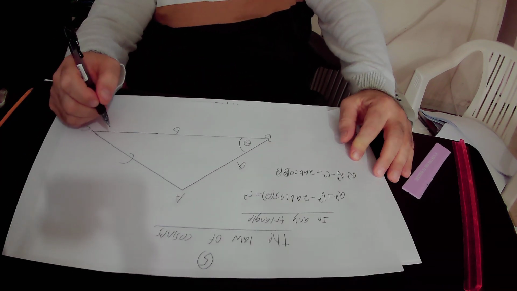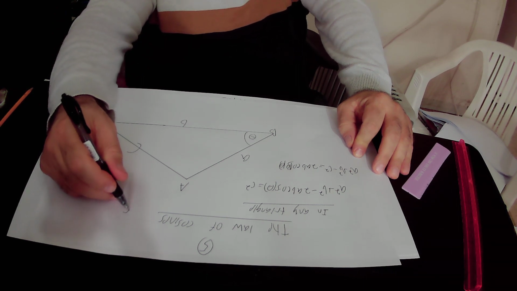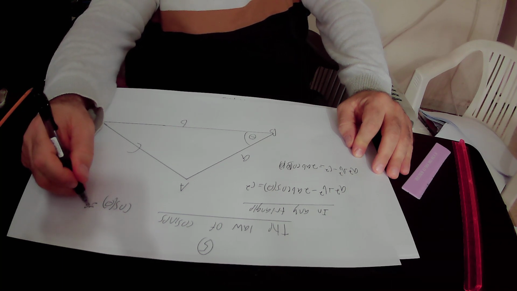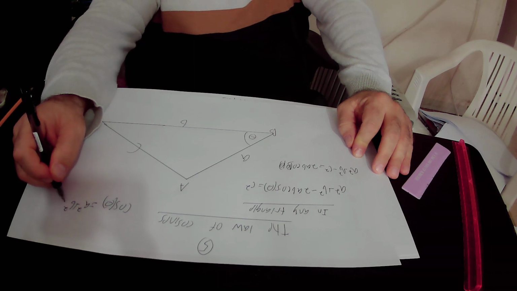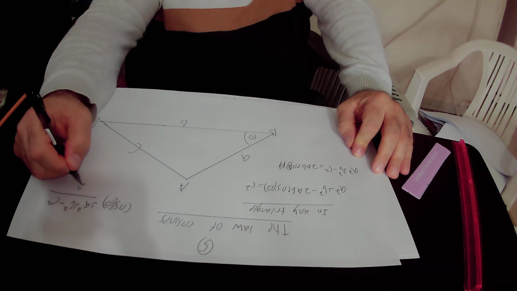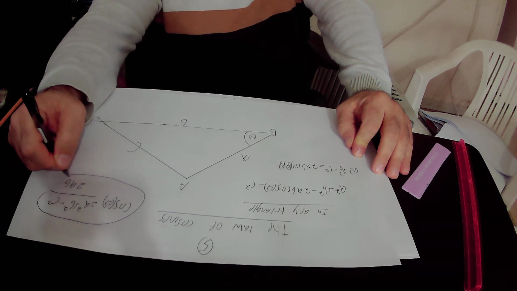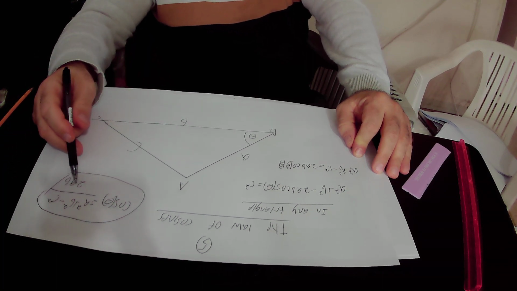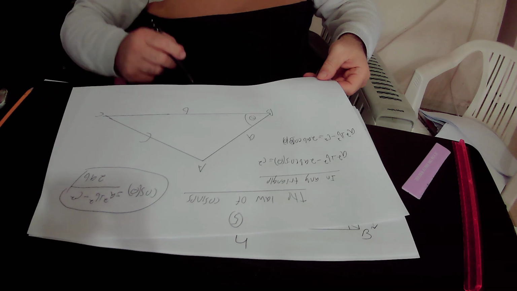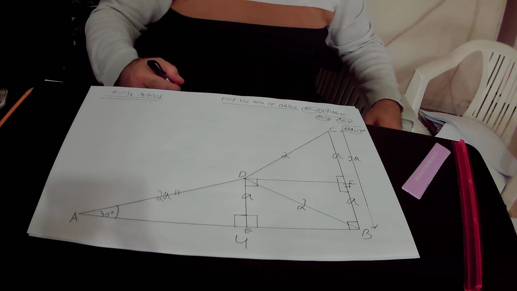So here we will divide this equation by 2AB and we will get that cosine theta equals A square plus B square minus C square over 2AB. So in any triangle, cosine theta equals A square plus B square minus C square over 2AB. And we can implement the law of cosines in our triangle ADB.